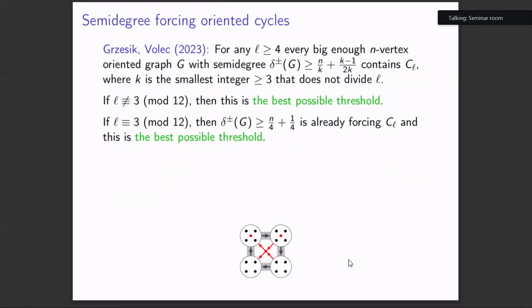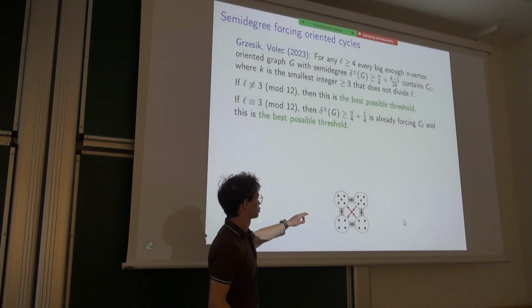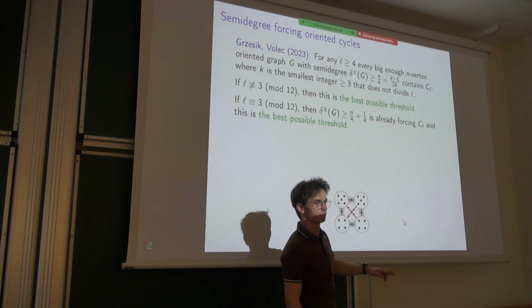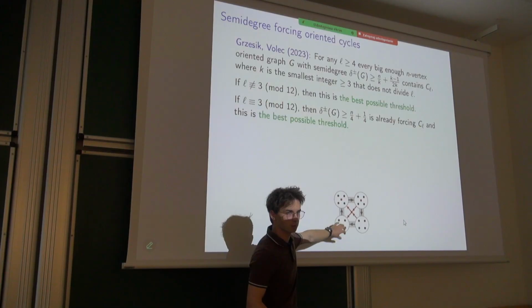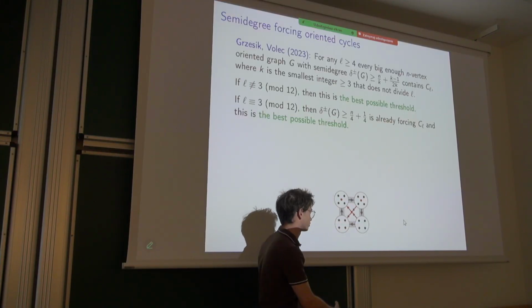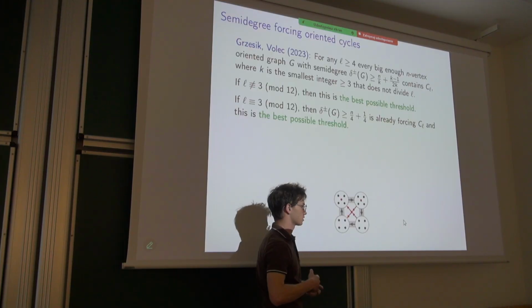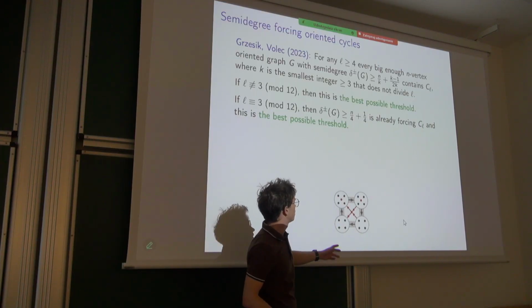As an example, I have drawn here an extremal construction which does not contain cycles of length equivalent to 6 modulo 12. How it works is we take a block of C4 in this case, and our forbidden graph, of course, is CL where L is equivalent to 6 modulo 12.